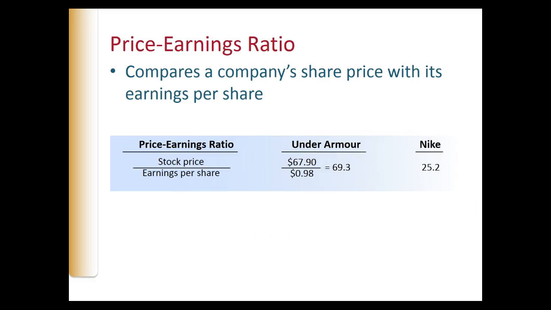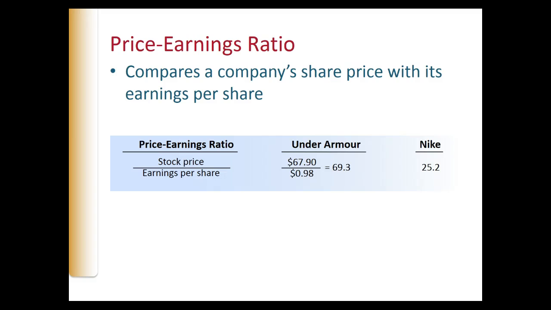The price earnings or PE ratio compares a company's share price with its earnings per share. The PE ratio is an indication of investors' expectations of future earnings for the company. So this slide shows the PE ratio for Under Armour and for Nike.